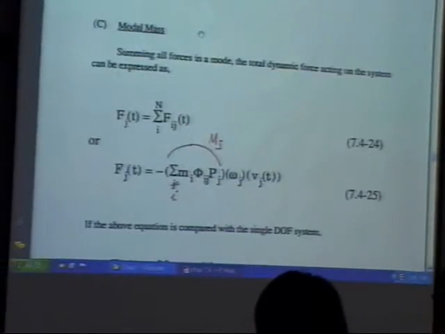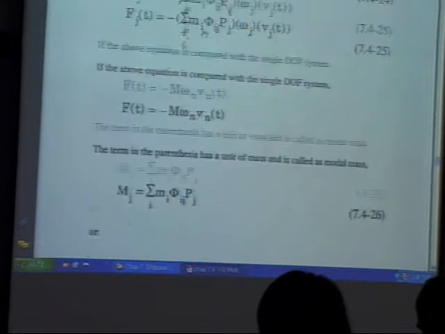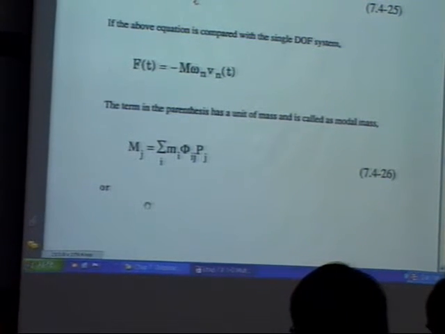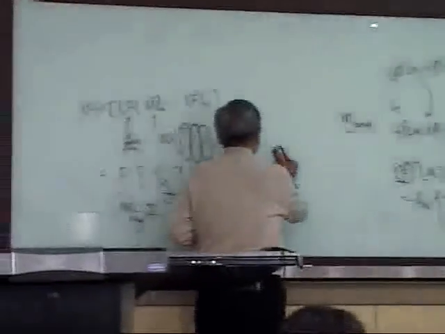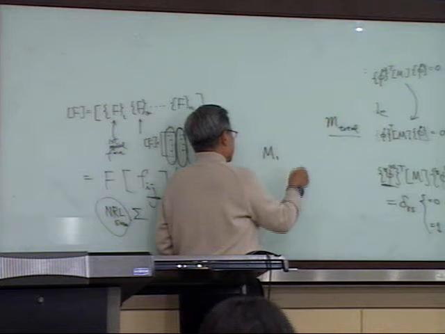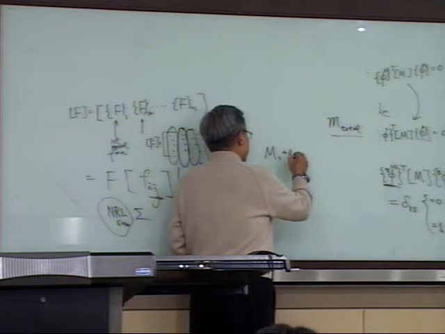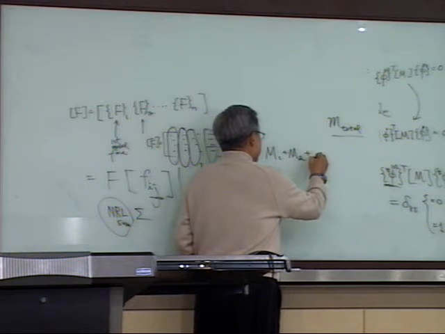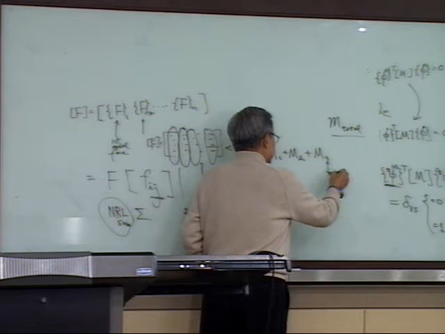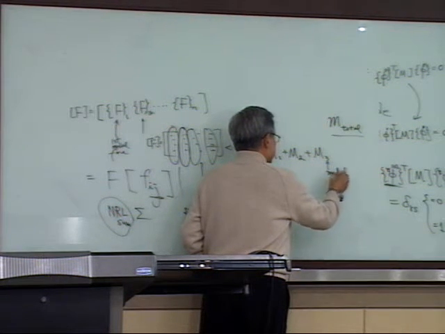So, Pj. You compute this Mj. Compute M. I have there already. So, M1 plus M2 plus M3. This is a mode. Third modal mass.